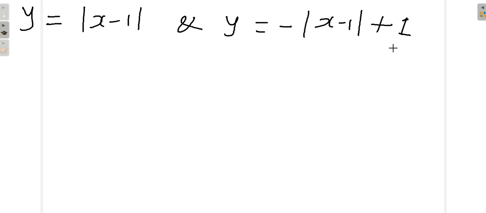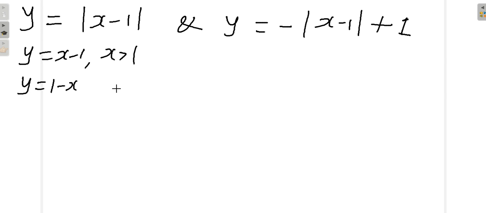Now, even though it is integrated, let us do it quickly. And we are used to this curve. When x is greater than 1, y is x minus 1, and y is 1 minus x when x is less than 1, so you already know.